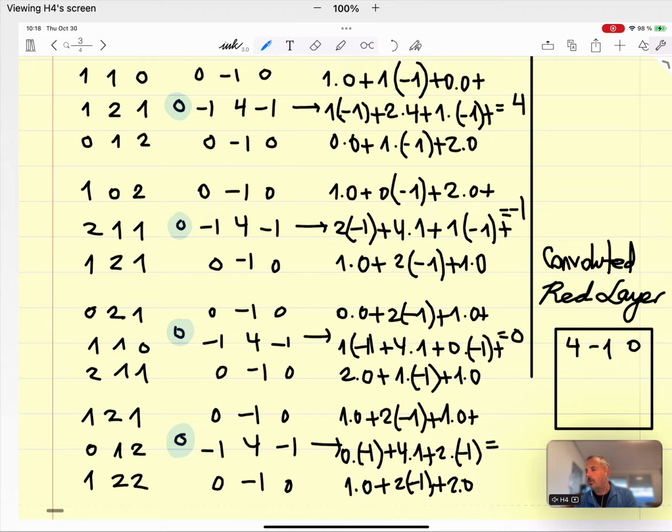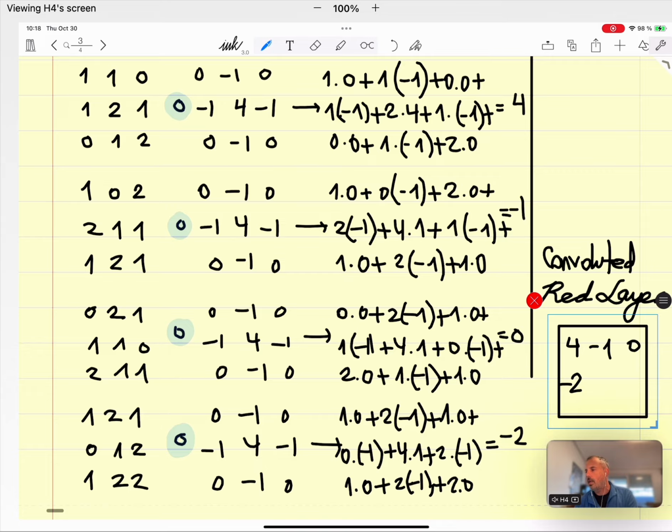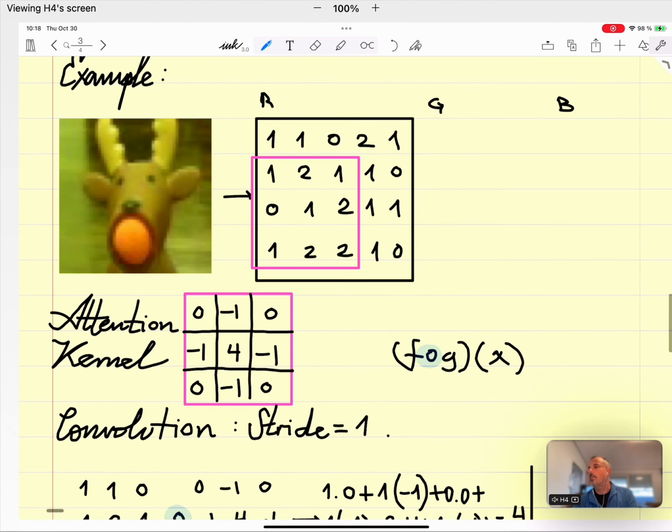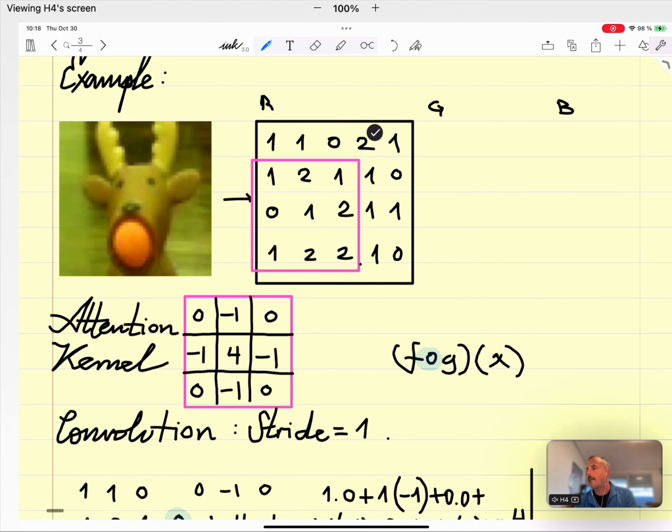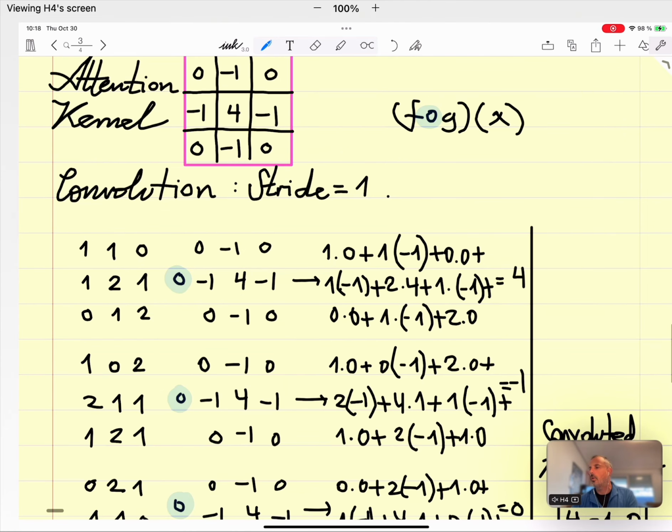That is -2 plus 2, 0, -2. So -2. The solution is going to be a 2 by 3 convolved image. Then we would move again, and so on.